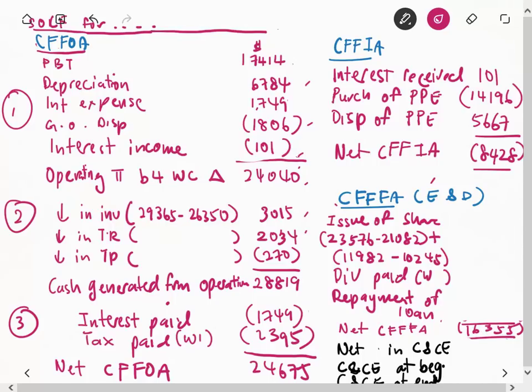Issue of share. I got two workings here. This year and last year share cap plus this year and last year share premium together. So 2.3 and 2.1 share cap. 11 and 10 is share premium. So plus 4231.